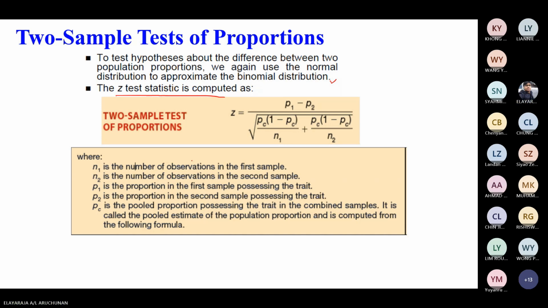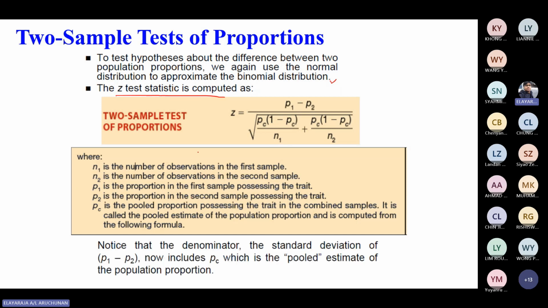Once we know the formula, next you need to know the denominator. The standard deviation of p1 minus p2 now includes pc, which is the pooled estimate of the population proportion, so you should be aware of that.